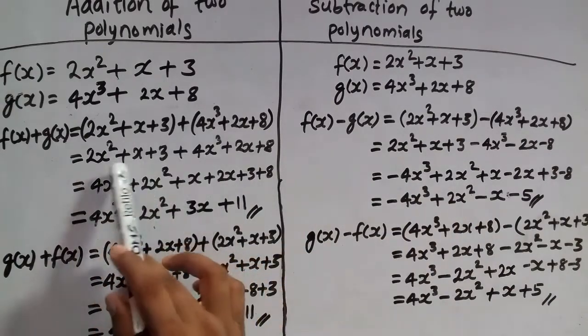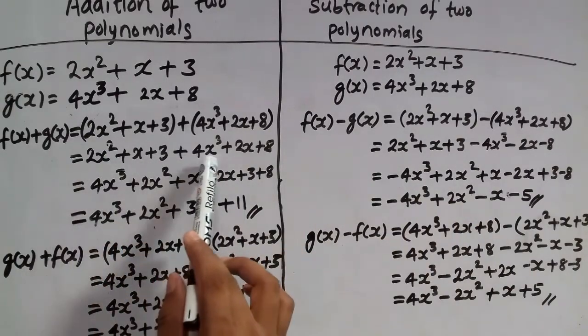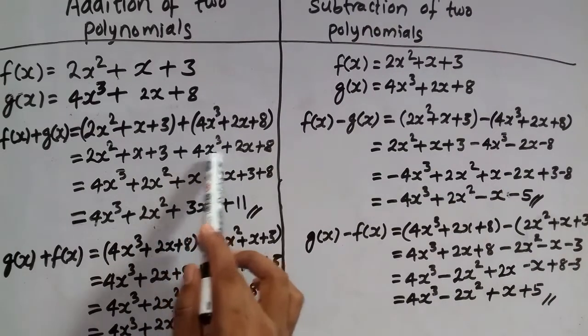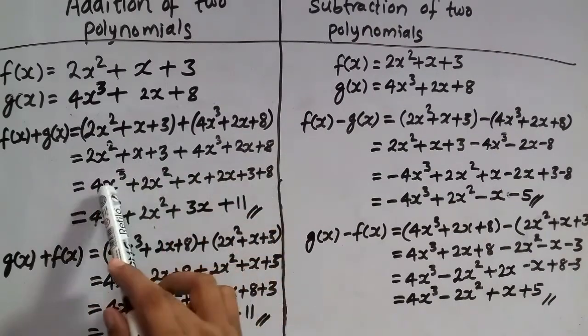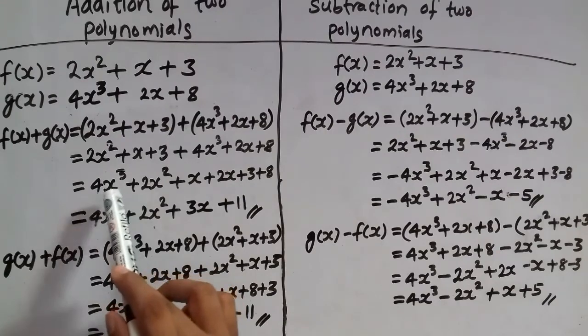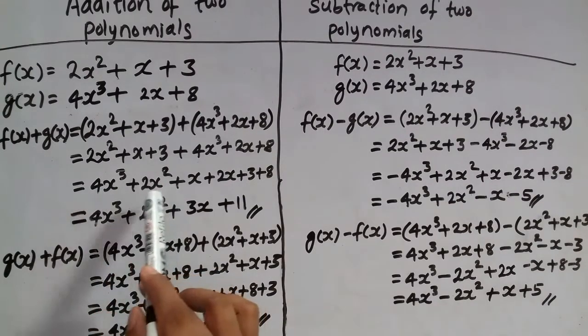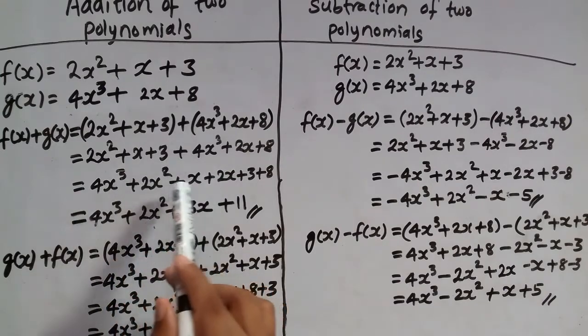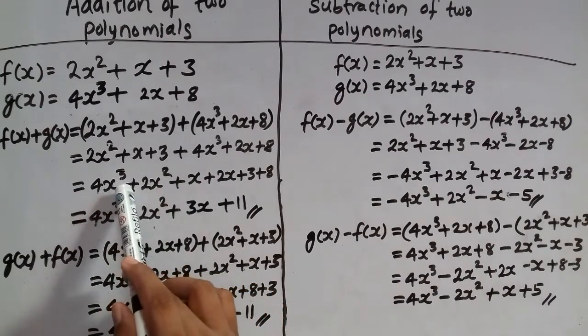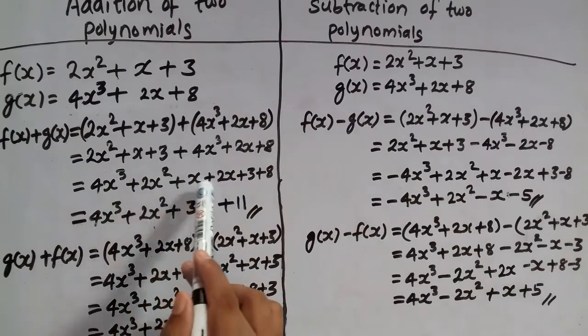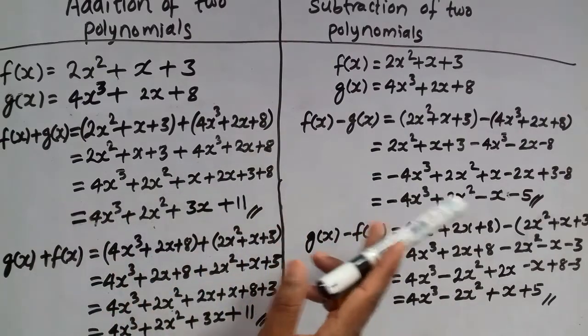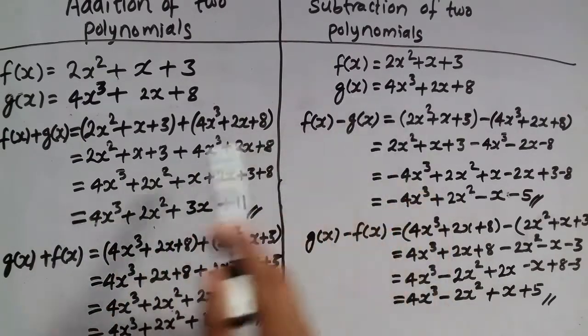After this we have to arrange the like terms. Here this x cube does not have any other terms, so I have written this first. It is better to write the higher power first, then decrease one by one. Here power 3 I have written, then power 2, then power 1, and the same in subtraction also.